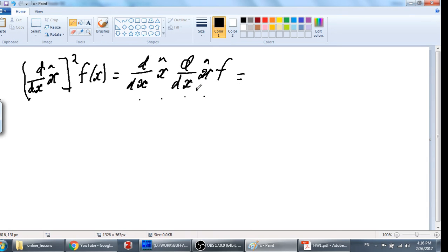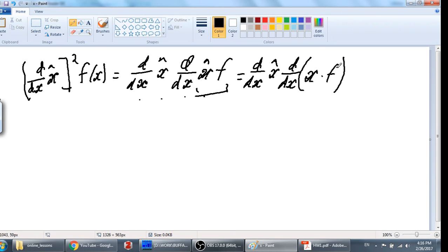The operation here produces the result, which is basically the function f multiplied by x. So what happens is we have this: x times f of x. Here I didn't put the hat to signify that this is the result of this first operation.